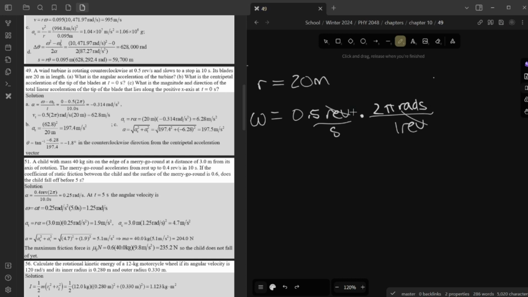Let's put this in our calculator. But you can probably tell by now it's going to be pi radians per second, because half of 2 is 1.